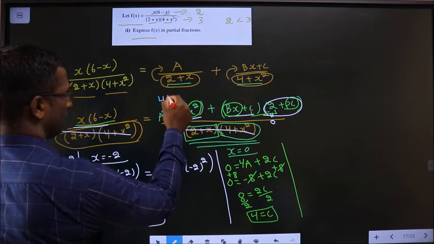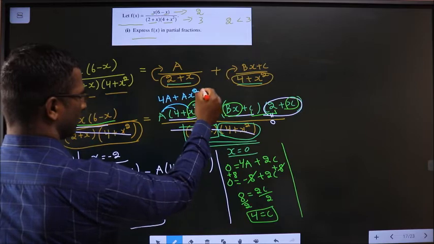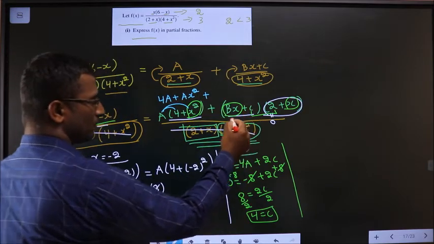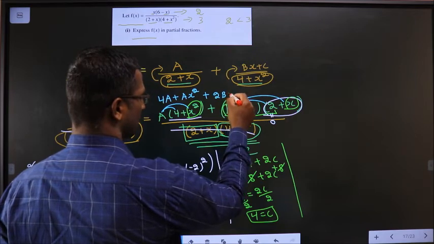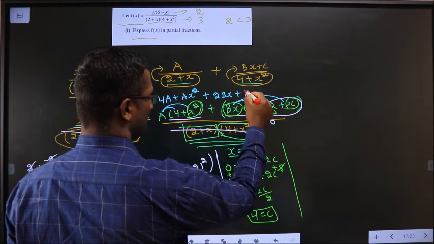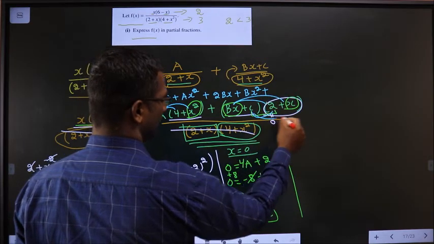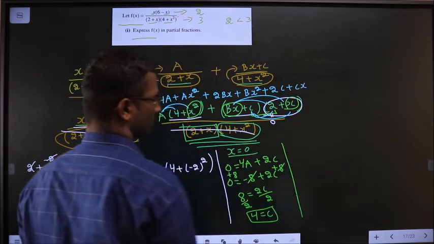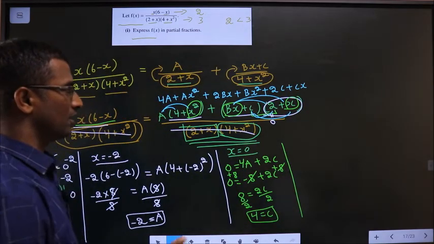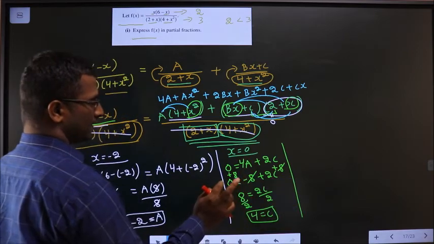So what do I get? 4a plus ax square plus, here also you open up. So I get 2bx plus bx square plus, now with c, 2c plus cx.